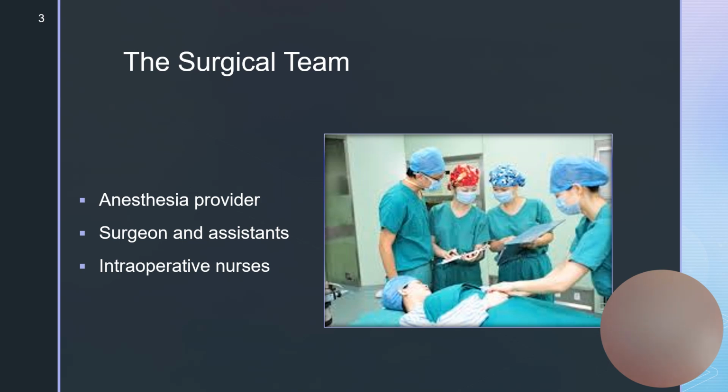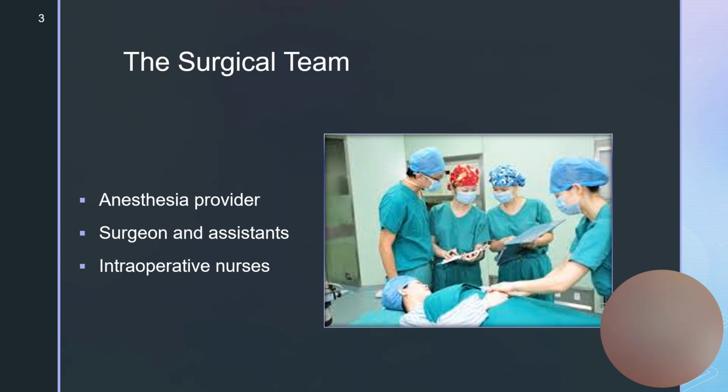The surgeon heads up the surgical team, and they determine the procedure to be performed and obtain the client's consent. Now, this is usually just the verbal consent because the nurse usually gets the written consent. They perform the procedure, and then they follow the client after the procedure. Surgical assistants. We may have a first assistant who assists in the procedure and may assist with pre- and postoperative care.